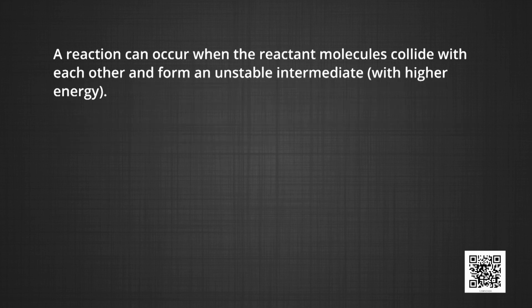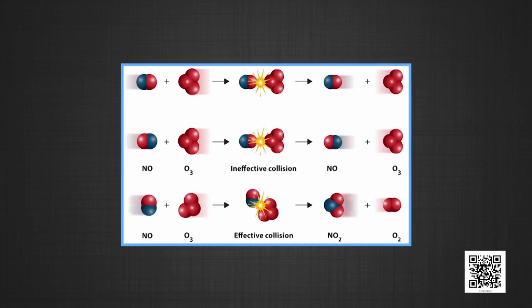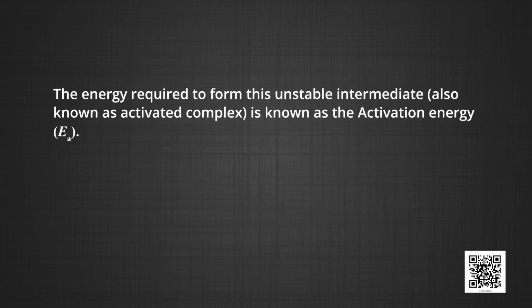A reaction can occur when the reactant molecules collide with each other and form an unstable intermediate with higher energy. The lifespan of the unstable intermediate is very short, and thus it leads to the formation of a stable product. The energy required to form this unstable intermediate, also known as an activated complex, is known as the activation energy.